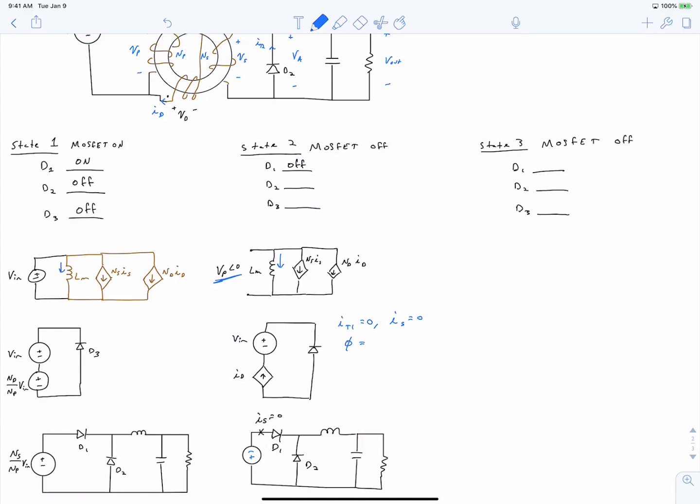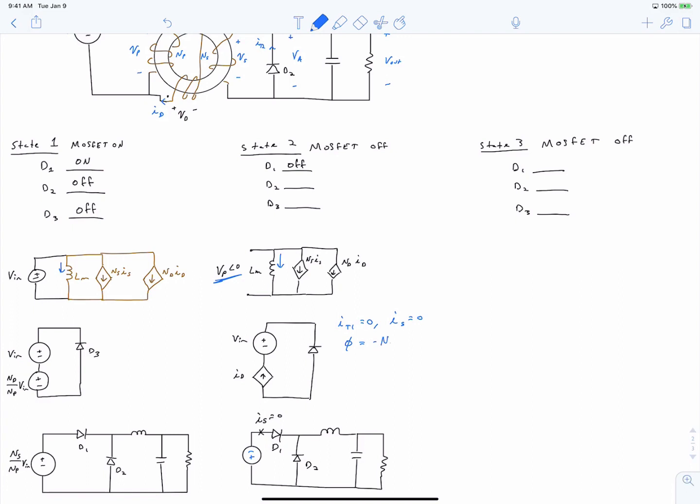And the core flux is supported by the MMFs of coils 1, 2, and 3, divided by the reluctance of the core. Well, the current in coil 1 is 0. We just said that It1 equals 0. The current in the secondary coil is 0. We've just said that Is is 0. So this means that this flux is supported by the current in our tertiary winding, or our demagnetizing winding. And that MMF appears in the reverse direction.